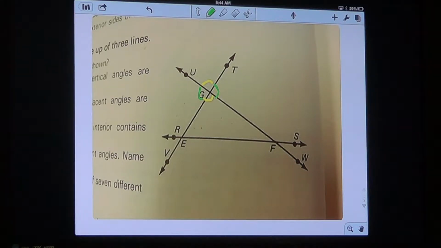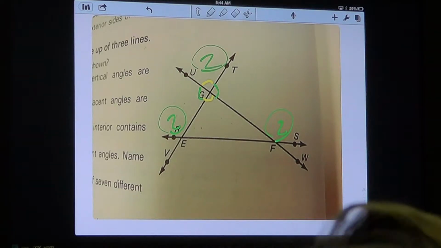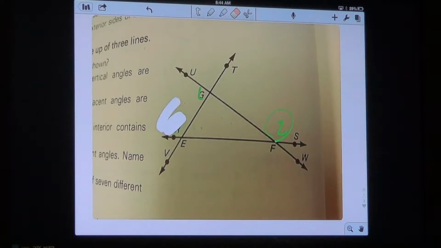Wait, I thought you said those were adjacent angles. The green and the green and the yellow and the yellow are vertical angles. So for each intersection there would be 2 pairs, so that'd be 6. Adjacent are beside and vertical are diagonal.